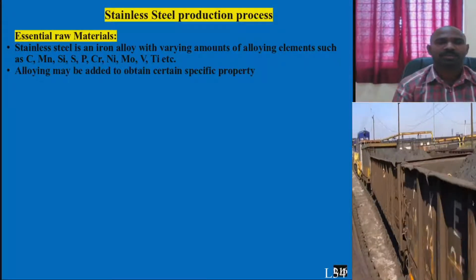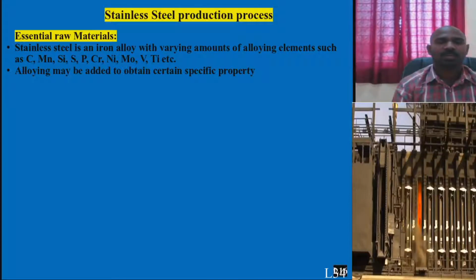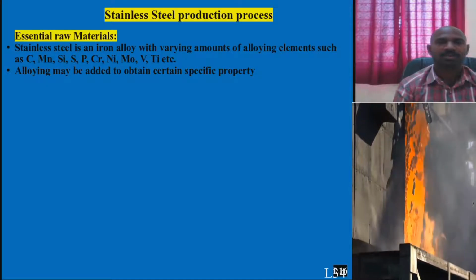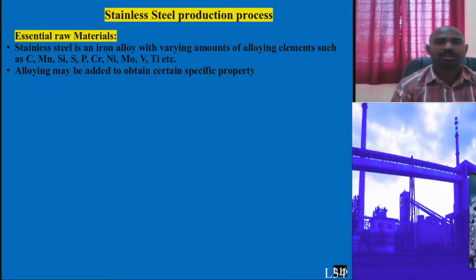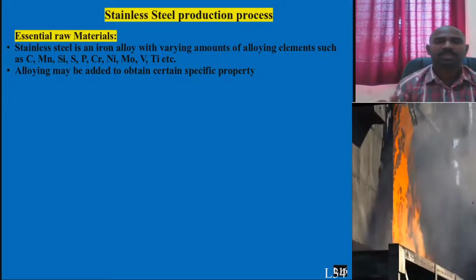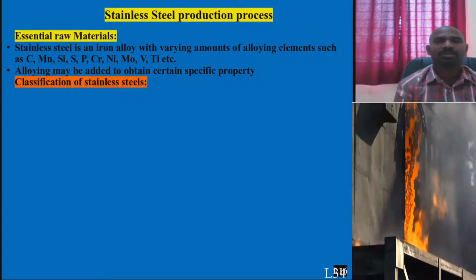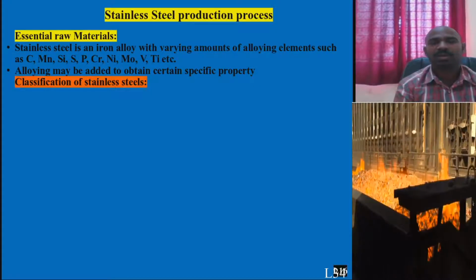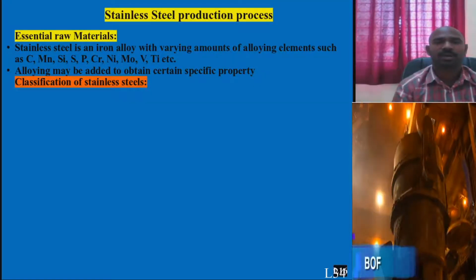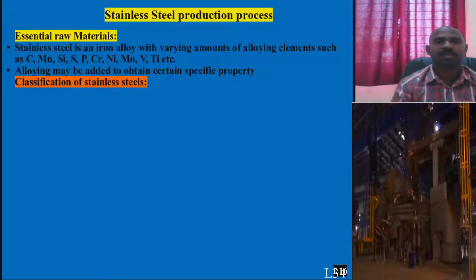Why do you add these alloying additions to make steel into stainless steel? Mainly with respect to the application and specific property. Let us see the classification of stainless steel, where you will realize the alloying addition with respect to composition.